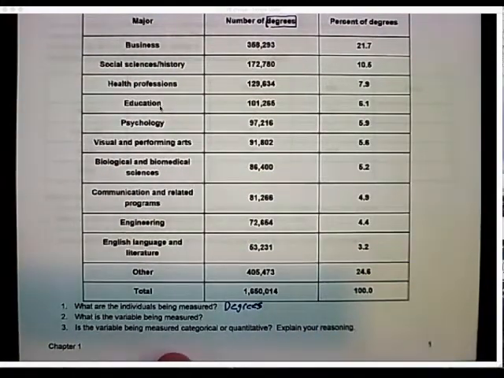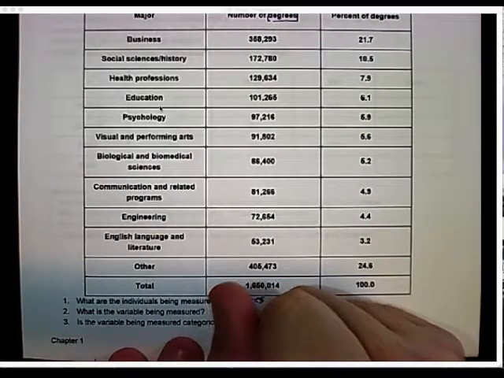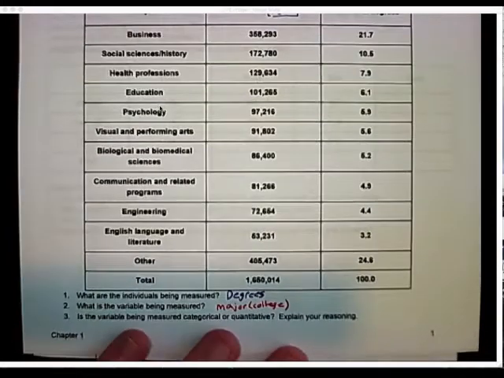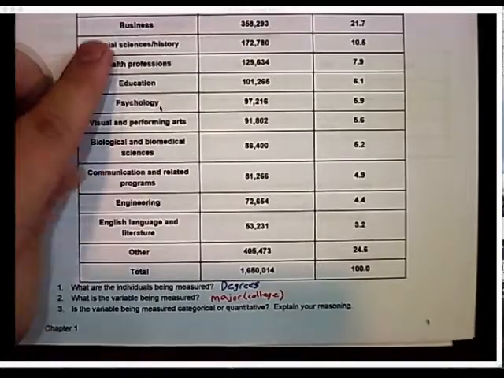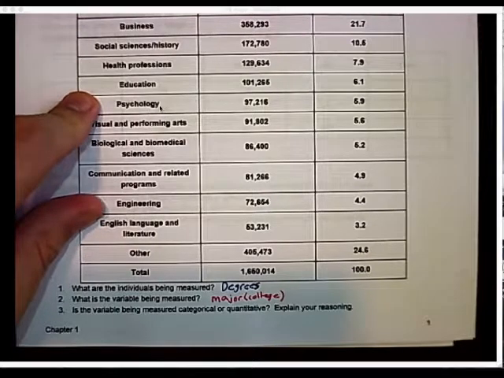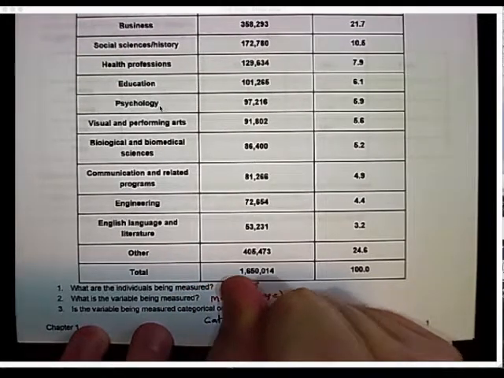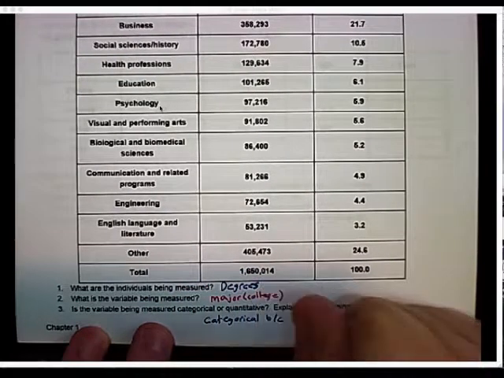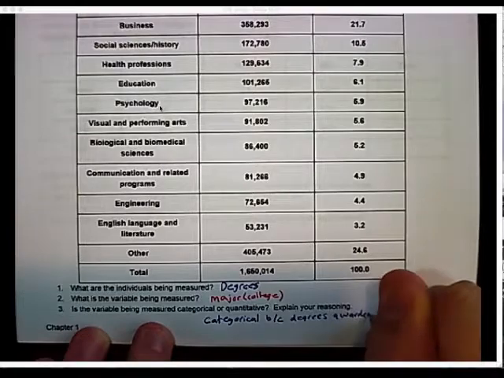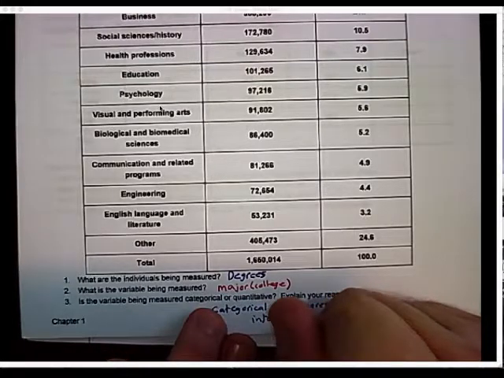So the variable that's being measured is the major, the college major that the degree was awarded in. So these things are definitely not quantitative. These are different categories that the degrees fall into. So this is categorical, because degrees awarded fit into groups by major.